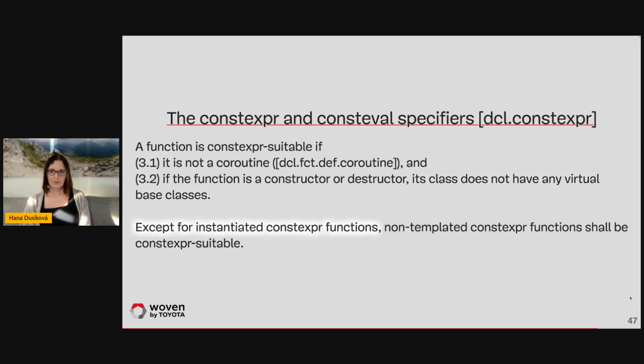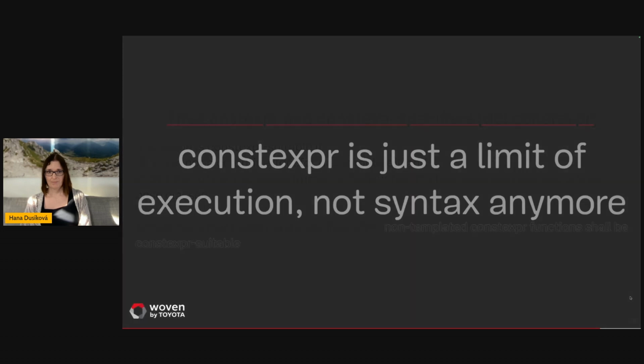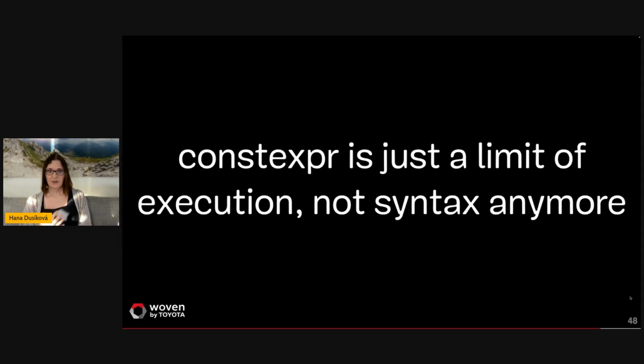Except for instantiated Constexpr functions, which means templated functions, non-templated Constexpr functions shall be Constexpr suitable, which means you cannot write a Constexpr function if it's a coroutine or if it's a constructor or destructor of a type which has virtual bases. Virtual bases are tentatively in 26, so a function is Constexpr suitable only if it's not a coroutine. So Constexpr is just a limit of execution, not syntax anymore, with the exception of coroutines.